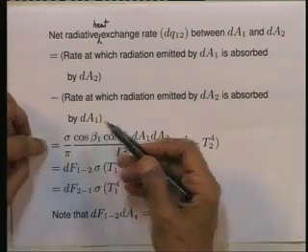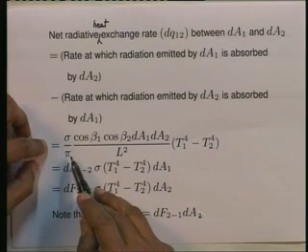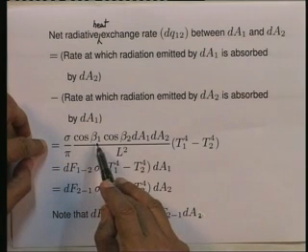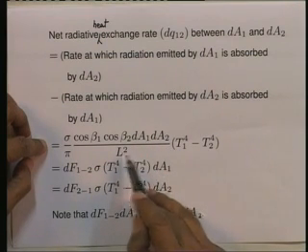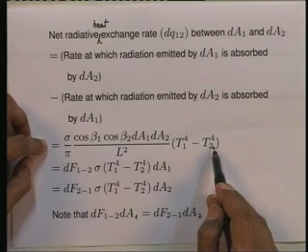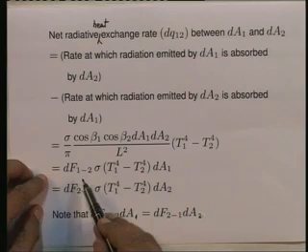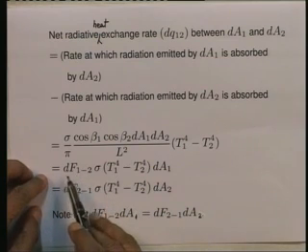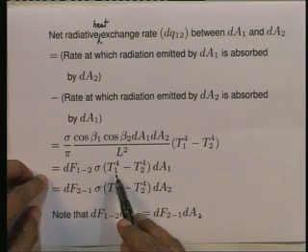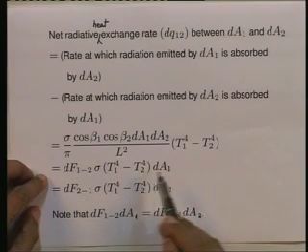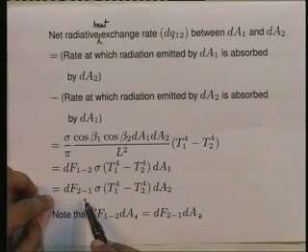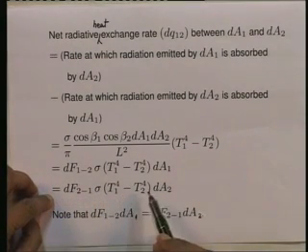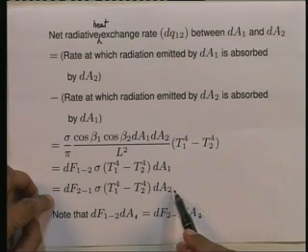Okay. So, that is equal to, putting both the expressions in, sigma by pi cosine beta 1 cosine beta 2 dA1 dA2 upon L squared into T1 to the power of 4 minus T2 to the power of 4, all right, which is equal to, if I want to use the first shape factor dF1 to 2, dF1 to 2 sigma into T1 to the power of 4 minus T2 to the power of 4 into dA1, or using the second shape factor dF2 to 1 sigma into T1 to the power of 4 minus T2 to the power of 4 into dA2, all right.